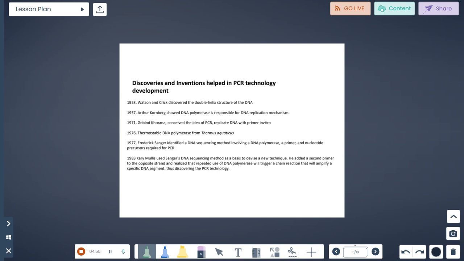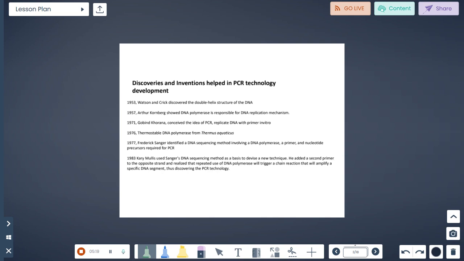The yield was not large. Kary Mullis introduced a reverse primer also, so he could amplify the DNA in a very exponential manner.